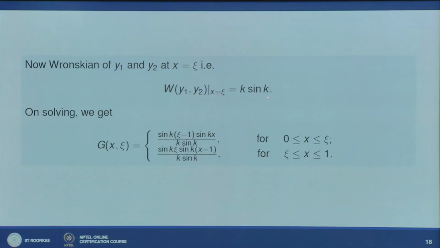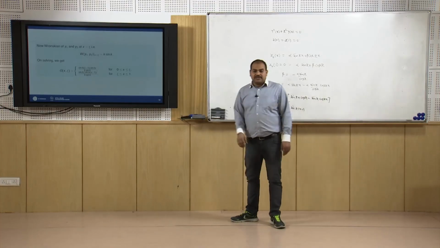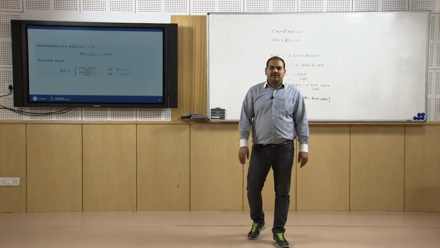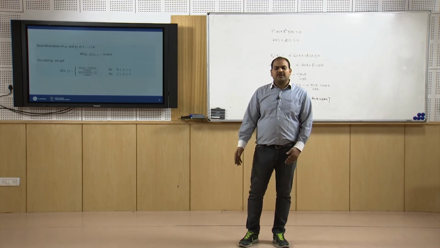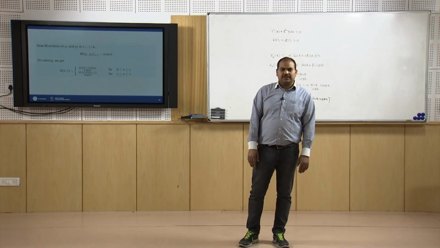It comes out to be k sin(k), you can easily calculate this, and then with the help of this you can write down G(x, ξ). Is that okay? This is all for today's lecture. In the next class we will discuss the use of Green's function for forming integral equations and solving boundary value problems. Thank you.